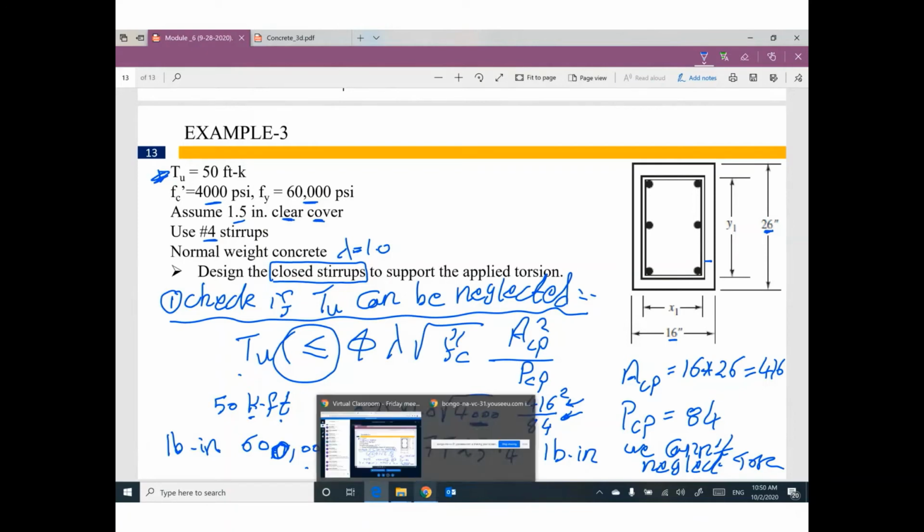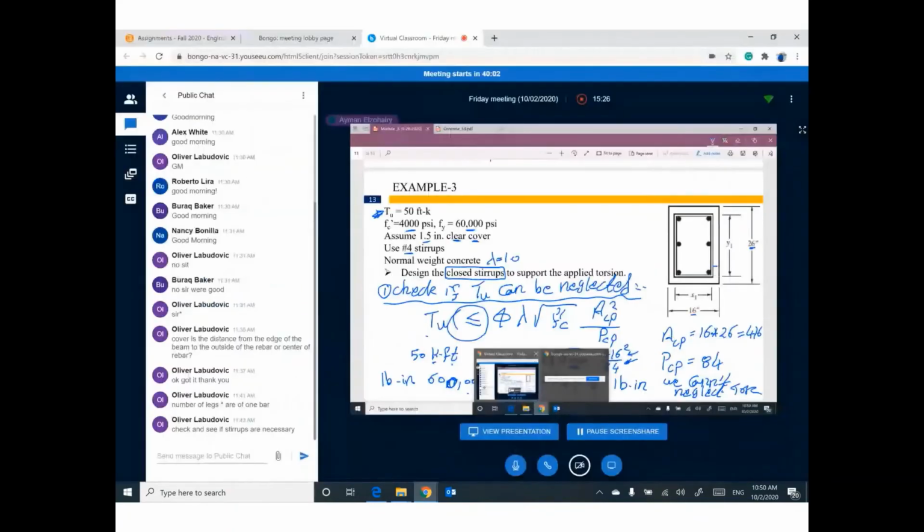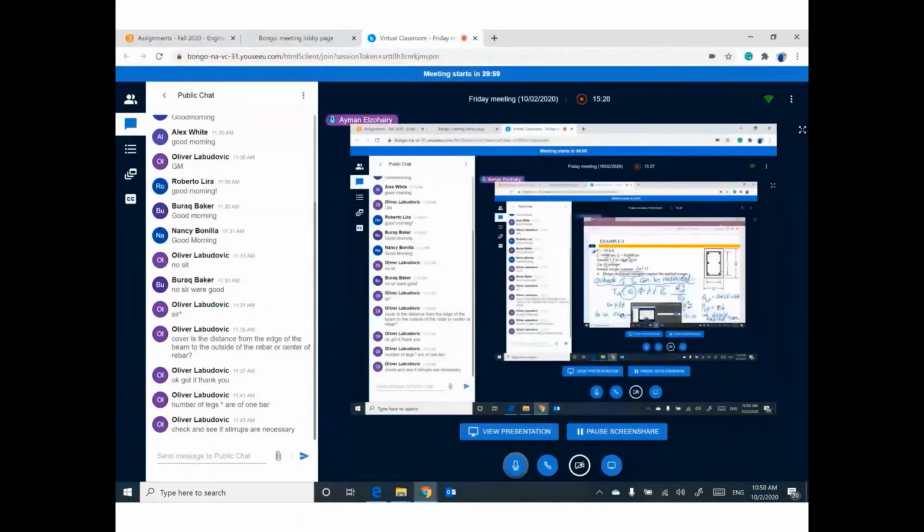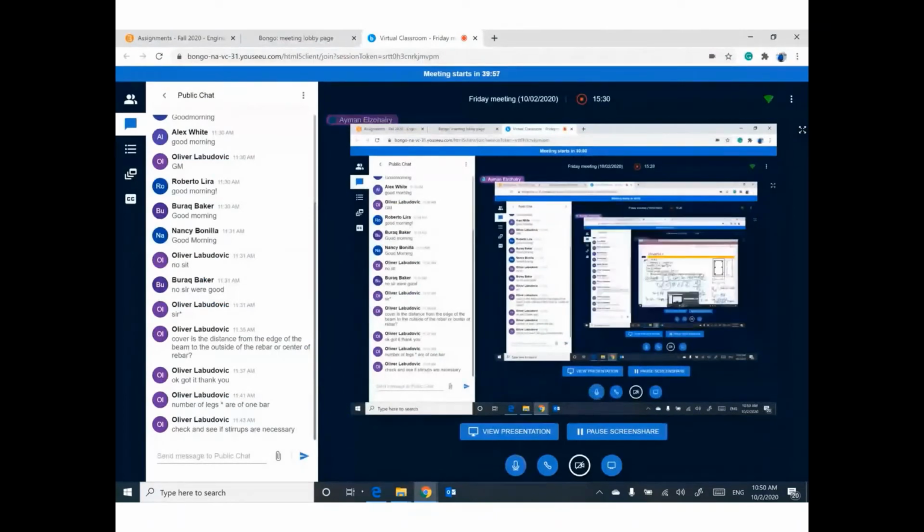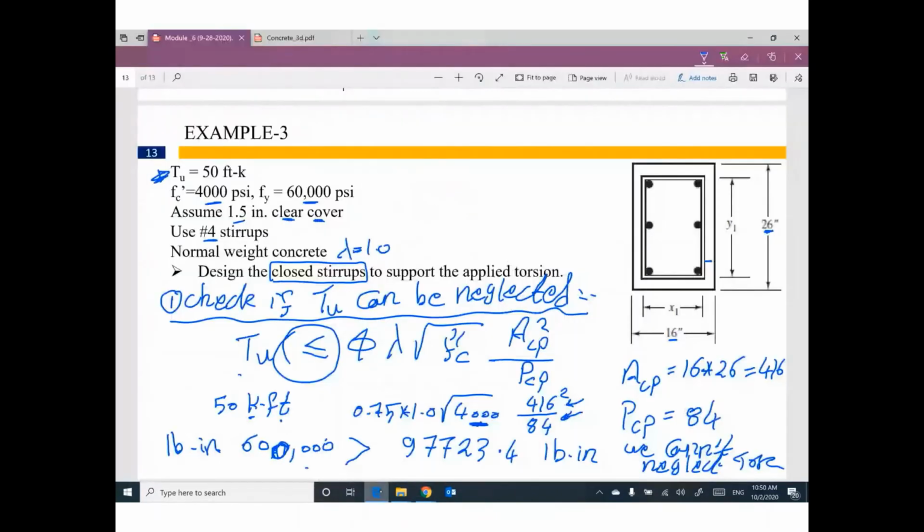We need to do another check. Probably this cross section, which is 16 times 26, is not enough. If the cross section is not enough, I cannot figure out how many stirrups or what is the spacing between stirrups, or I cannot design stirrups.